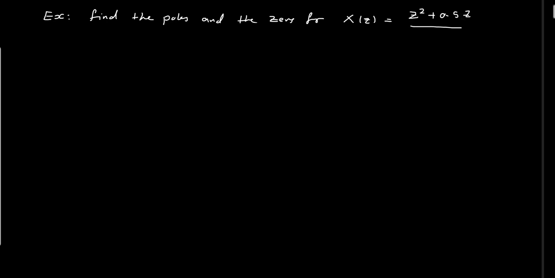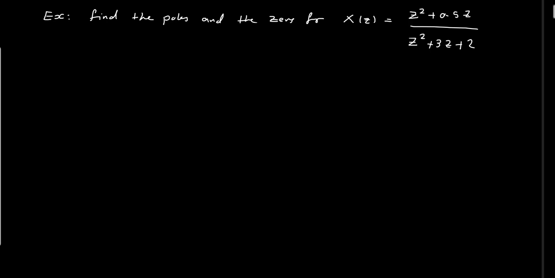Let's assume that we need to find the poles and the zeros for X(z) equal to (z^2 plus 0.5z) over (z^2 plus 3z plus 2).